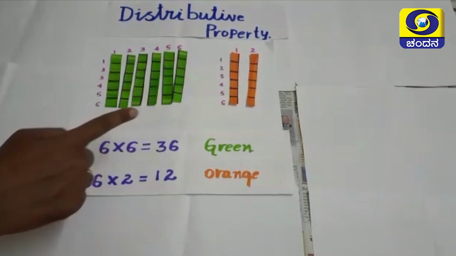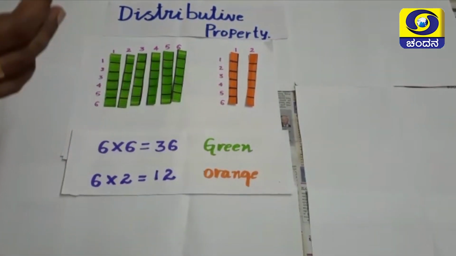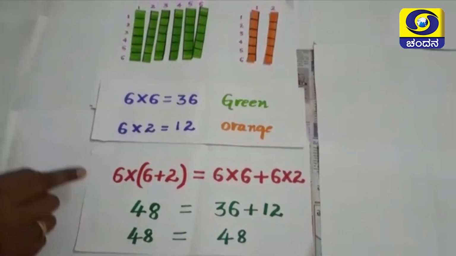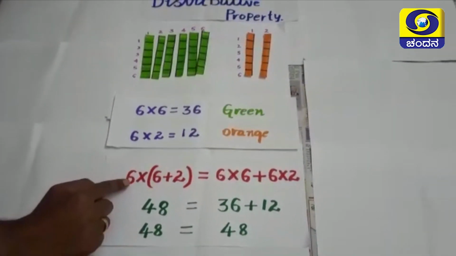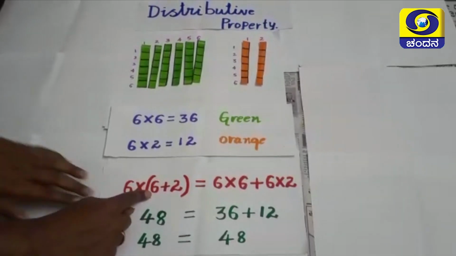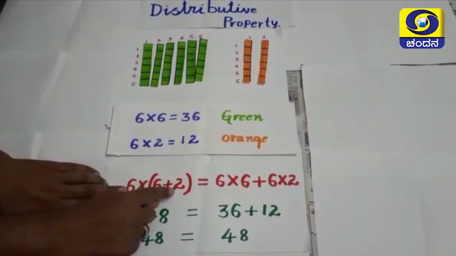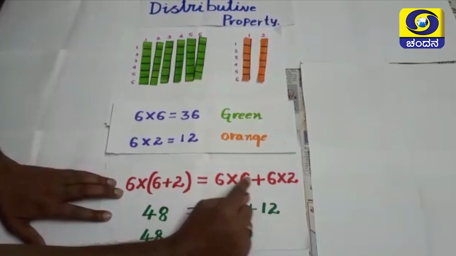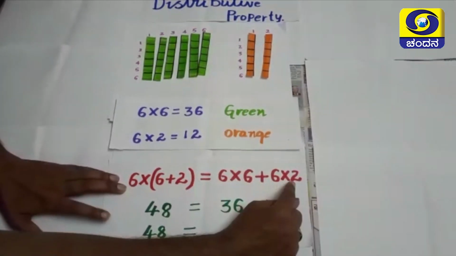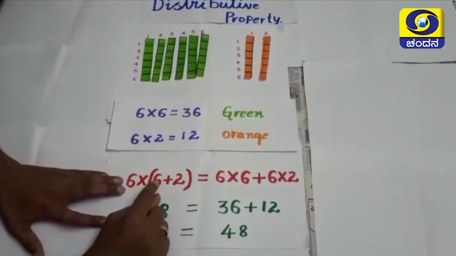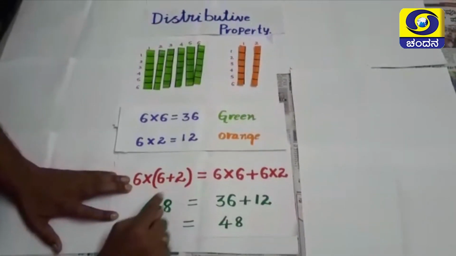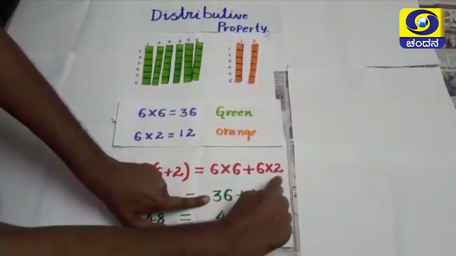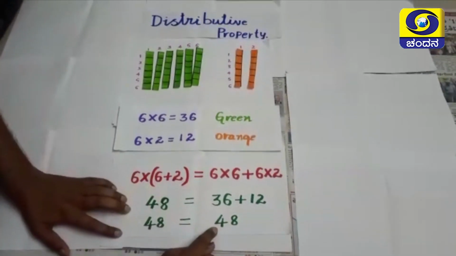All together, I can write in this form, that the total number of grids from the beginning we can distribute in this way, that is 6 into (6 plus 2) is equal to 6 into 6 plus 6 into 2, which is nothing but 6 into 8, that is 48, that is equal to 6 sixes are 36 plus 6 twos are 12, 36 plus 12 is also nothing but 48.